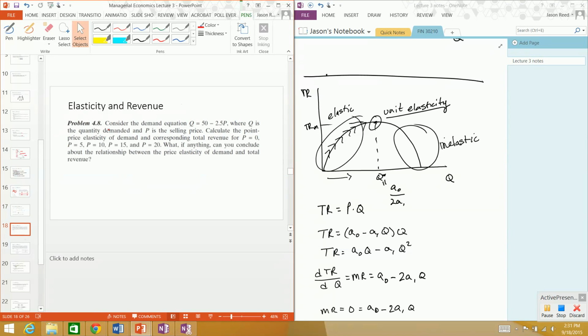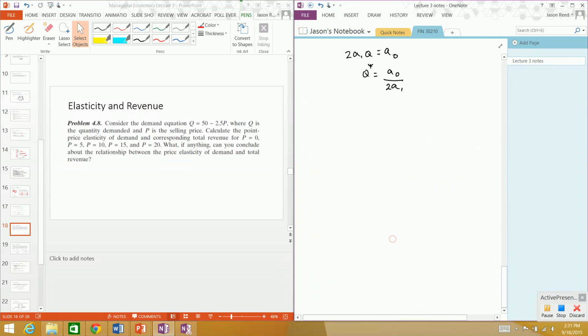We did this little bit of problem in class, but I think this illustrates exactly what we're expecting here. Consider this demand equation, and we have a few different price points. Can we conclude anything about total revenue? Let's start with the demand curve, knowing that Q is equal to 50 minus 2.5p.